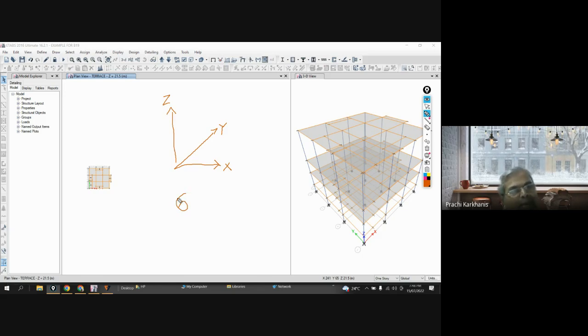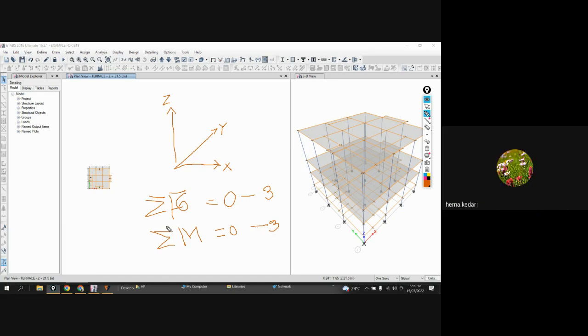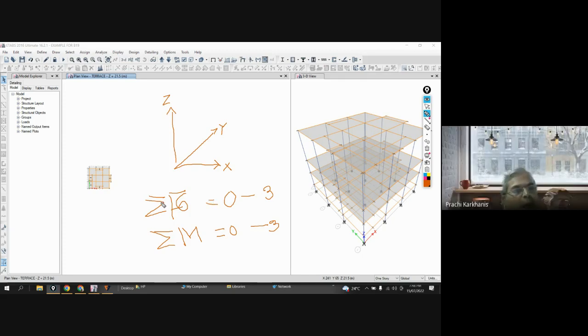And if all these 6 equations lead to 0, that means sigma F about all axes equal to 0 and sigma moment about all axes is equal to 0. So this will have 3 equations and this will have 3 equations, right? Yes or no? Yes, sir.